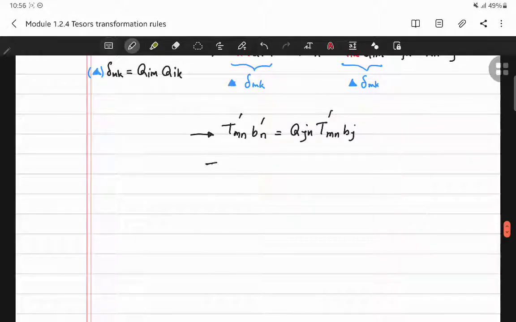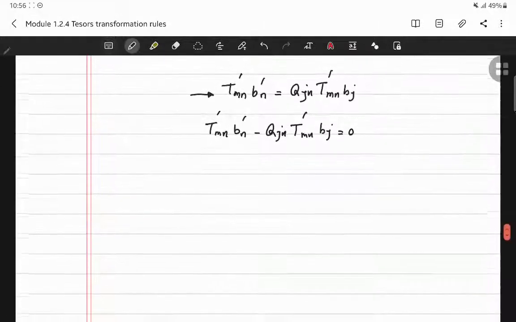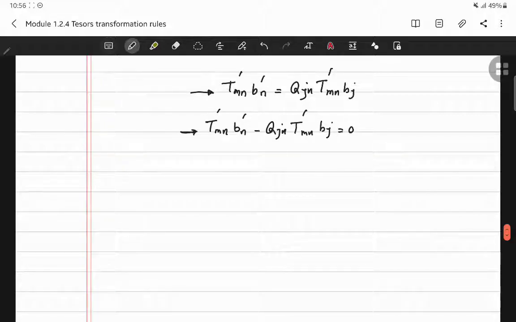So then I bring everything to one side. T prime mn b prime n minus q jn t prime mn bj is equal to 0. And I use the factorization, which we had in the first or the second session. So I factor out t prime mn.